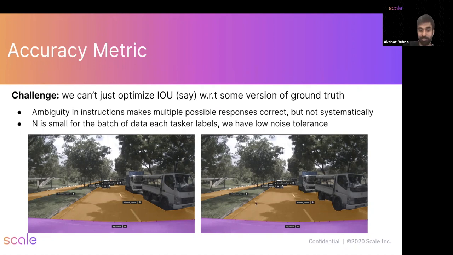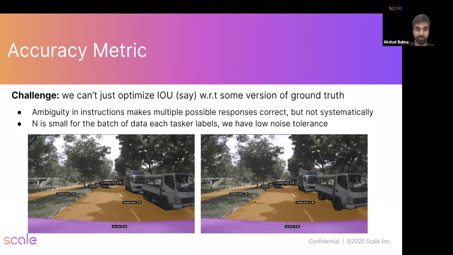If someone submitted this answer and we thought this is ground truth, IOU for that wouldn't be great, but the answer actually would be correct. Whereas even a small deviation here would have high IOU, but would actually not be correct. And so to summarize, what's happening is that we have a lot of ambiguity in instructions that makes multiple possible responses correct, but not systematically.